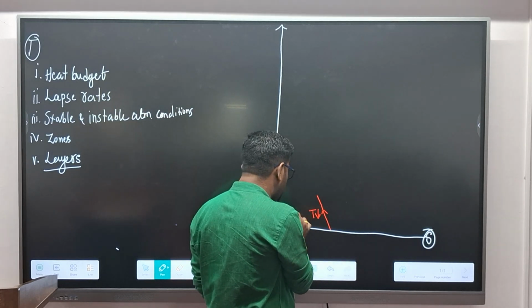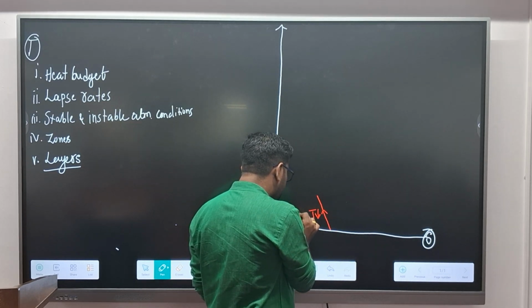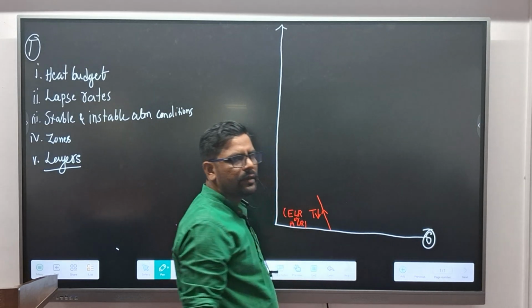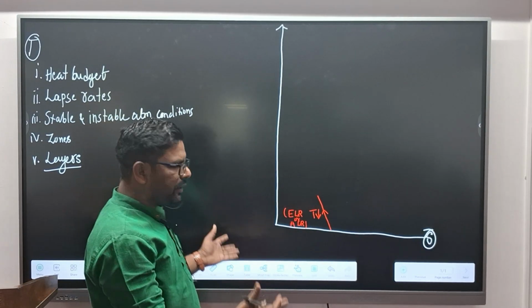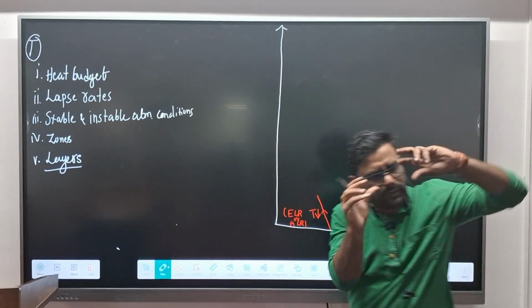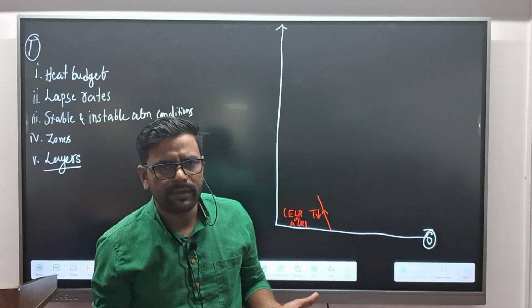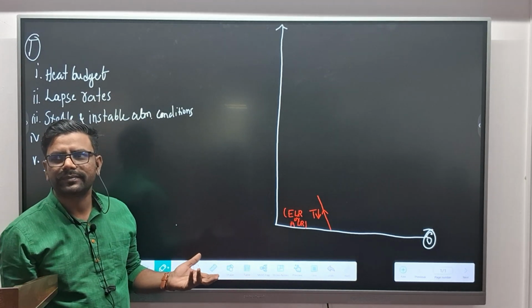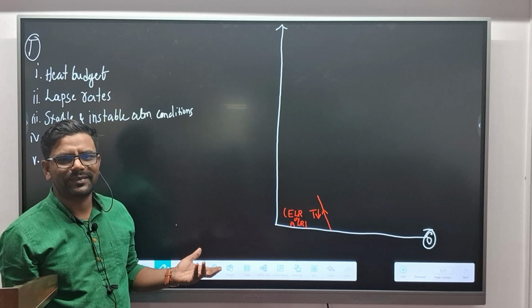This is called the environmental lapse rate, or the adiabatic lapse rate. With respect to the air parcel, we call it adiabatic; with respect to the surroundings, we call it environmental. That's it.